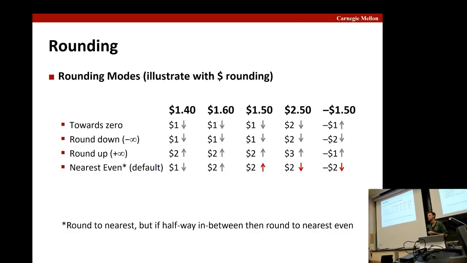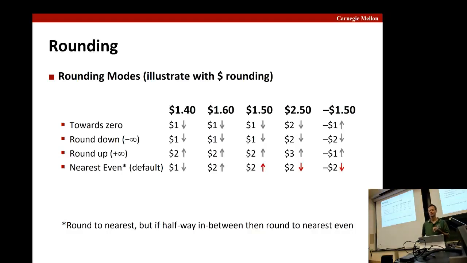The policy of nearest even says that if you're halfway in between, then you want to round to the nearest even. It doesn't say always round to an even number. It says only in the case where you've got this tie you've got to break, then you round to the nearest even. So $1.50 is halfway in between; 50 cents is halfway.